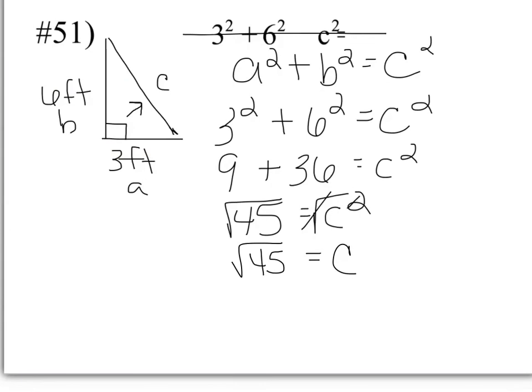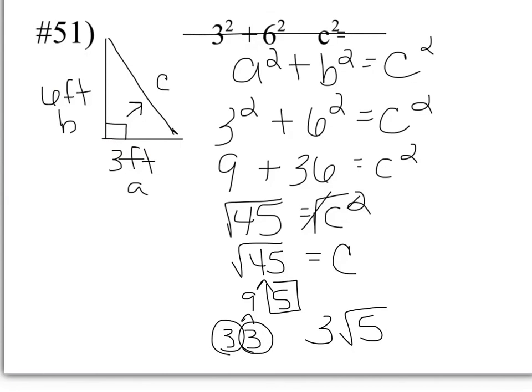Except every time that you're talking about a distance, you need to make sure that you put it in its simplest form. So I need to see if 45 can simplify to anything. 45 is 9 times 5, and 9 is 3 times 3. Since I have two 3s, I can bring a 3 out front and leave a 5 inside of the radical. So C is 3 square root of 5.